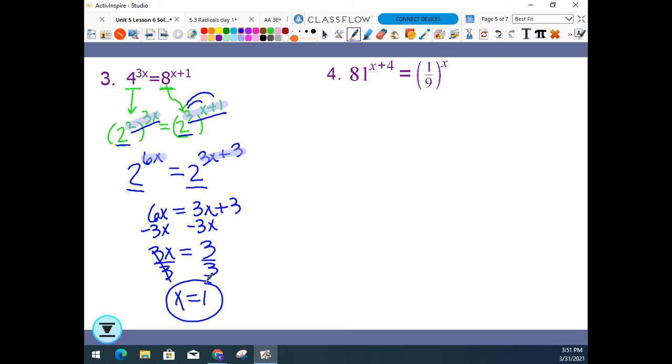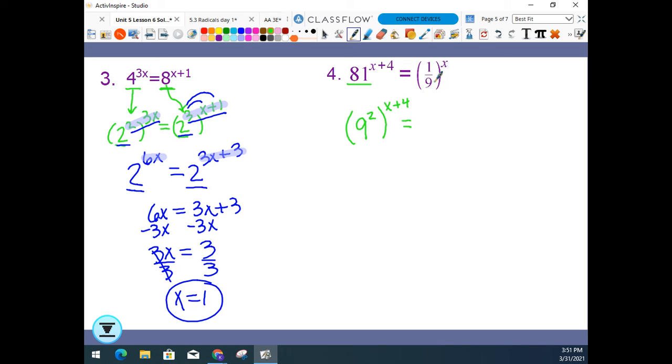All right. In number 4, there are actually 2 different bases that we could create here, but if we change them both into base 9, it's easiest. So 81 is 9 to the second power, keeping the outside exponent the same, equals.